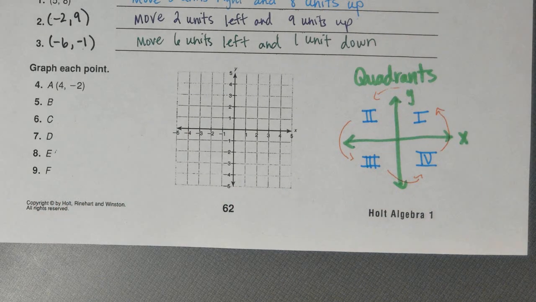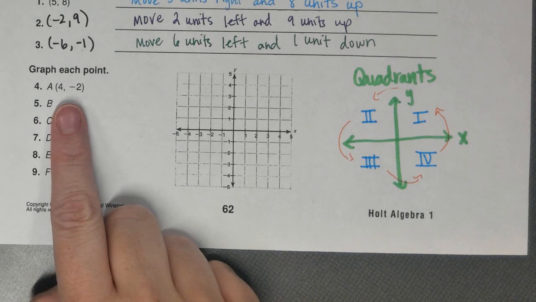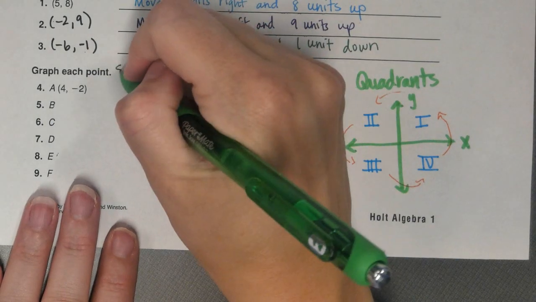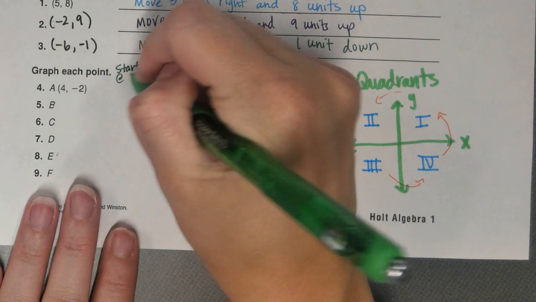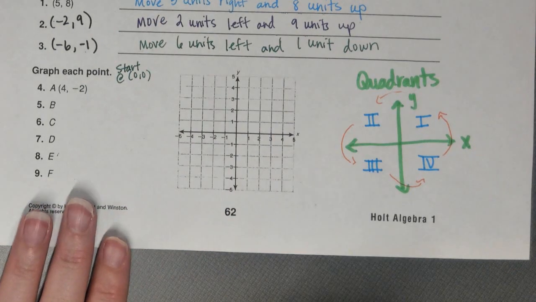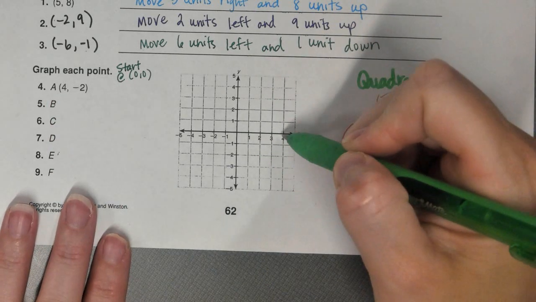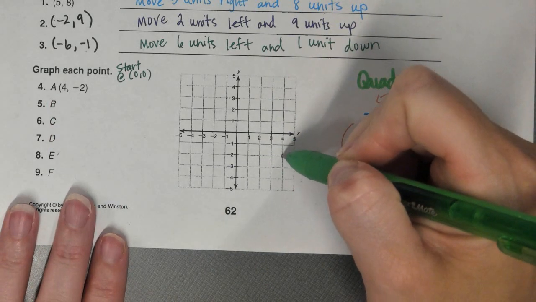Now, there are going to be some that are not on a quadrant, they're on an axis, and we'll say that as well. So when you're graphing each point, you are going to start at 0, 0. So you're going to start at the origin. Okay, so let's plot A. So you have +4, and then you have -2.